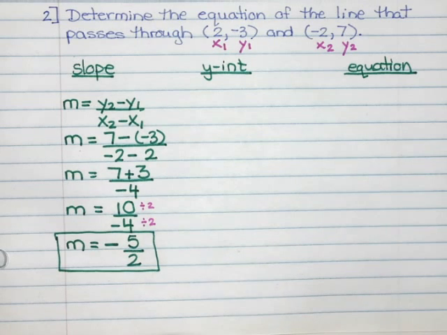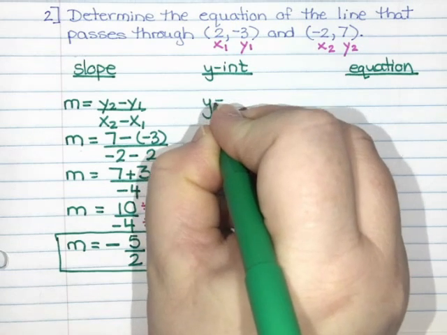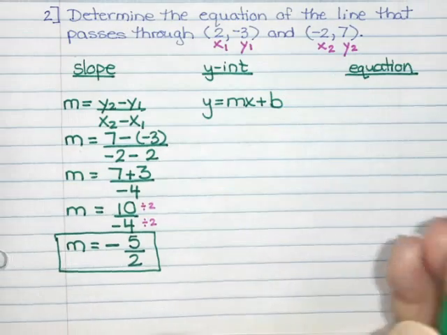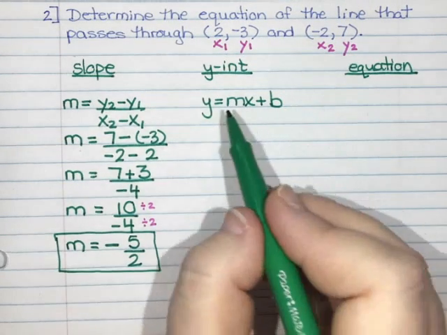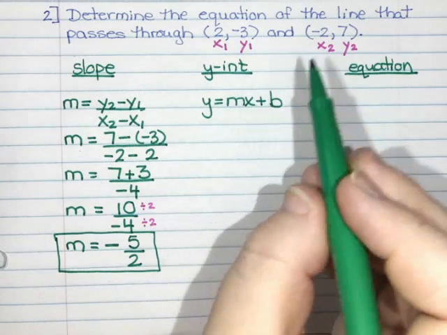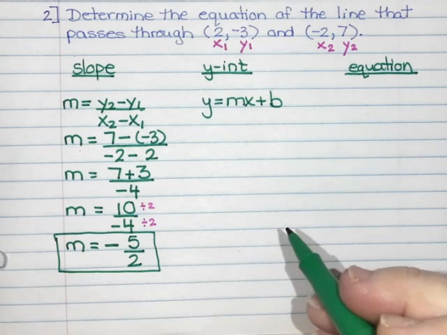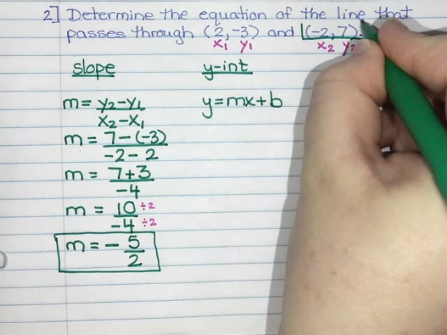Now I need to do my y-intercept. To find the y-intercept, we start with y equals mx plus b. I can use m, -5/2, and then I need something to put in for x and y. I have a choice of points here. It doesn't matter which one you pick. I think I'm going to pick the -2 and 7.